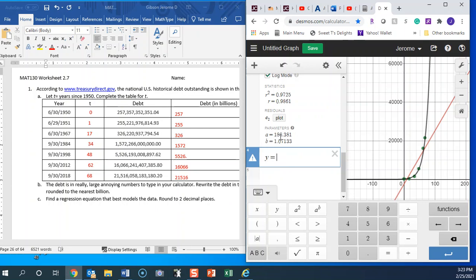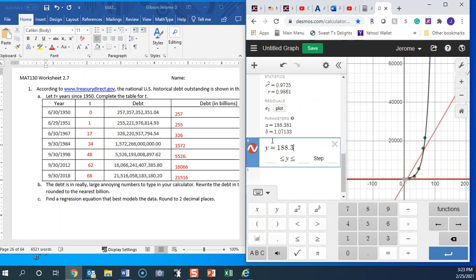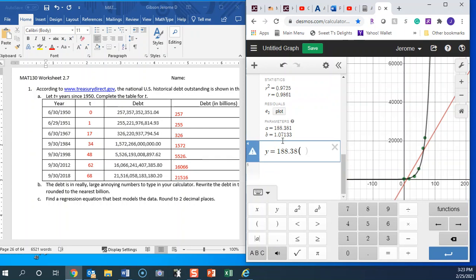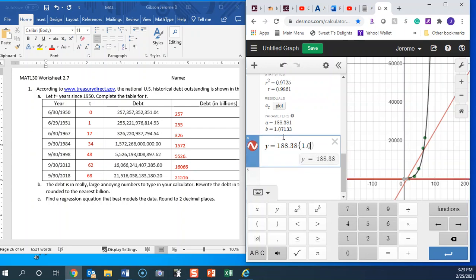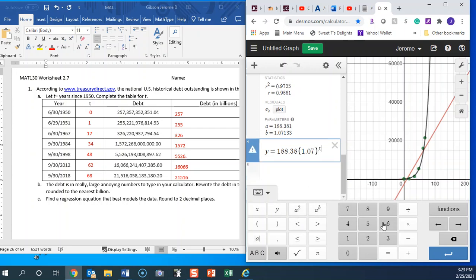So a, to 2 decimal places, would be 188.38. Then we would do our parenthesis. And we know our b here would be 1.07. Close our parenthesis. And then we would take this to the x power. So this would be the equation that you would use.